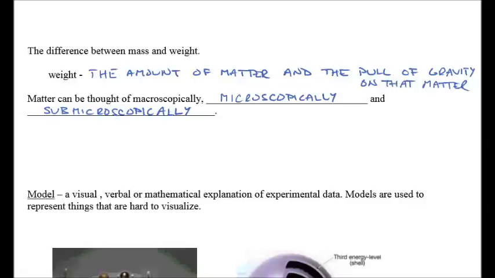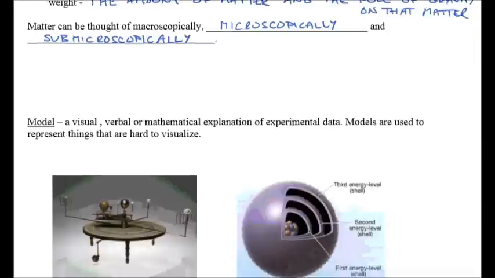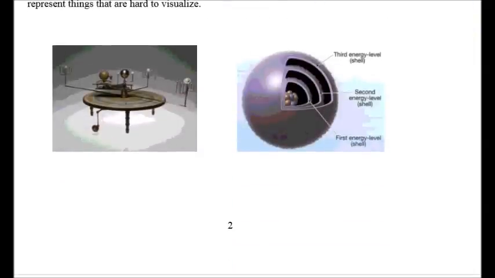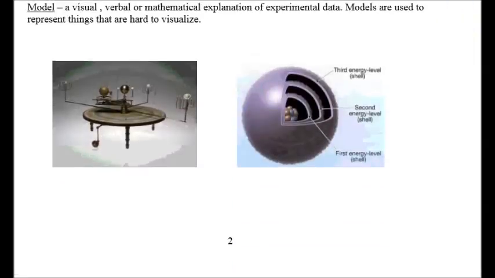Since we really can't see it, we try to have a way of visualizing it. And we visualize with models. A model is a visual or a verbal or a mathematical explanation of the data we collect. A graph is a model. It helps us to visualize things that are hard to grasp.